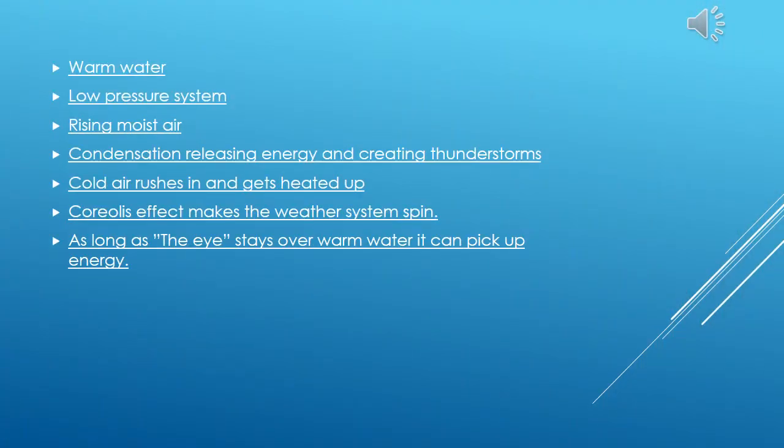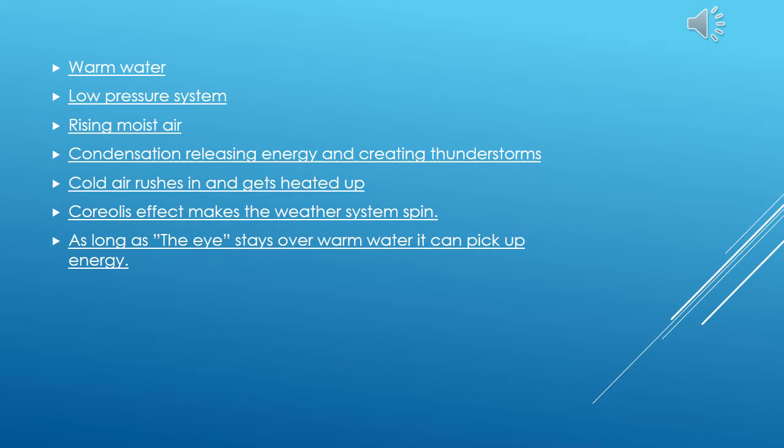So to recap, for a tropical hurricane to develop, we need warm water, at least 26 or 27 degrees. We need a low pressure system. The rising moist air will then condense, and that will create thunderstorms, and by condensating it also releases heat, which will warm up the weather system even more. Then cold air will rush in and get heated up.